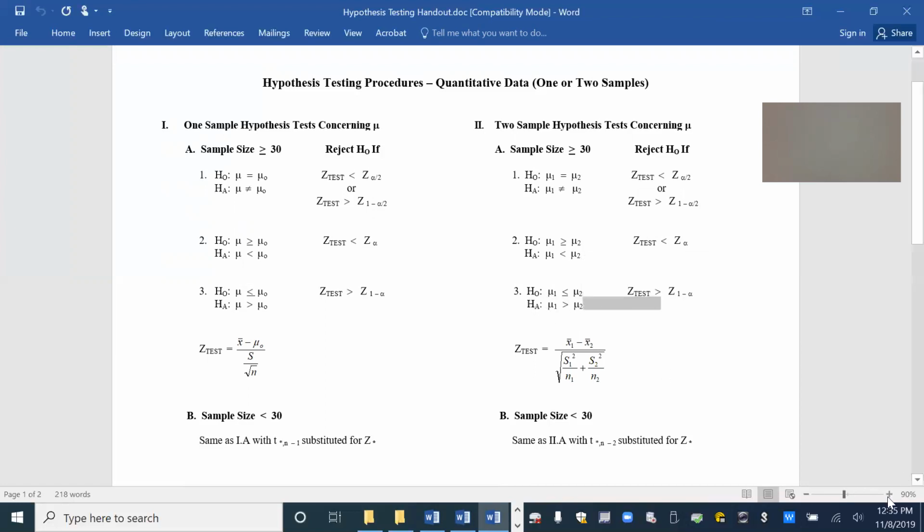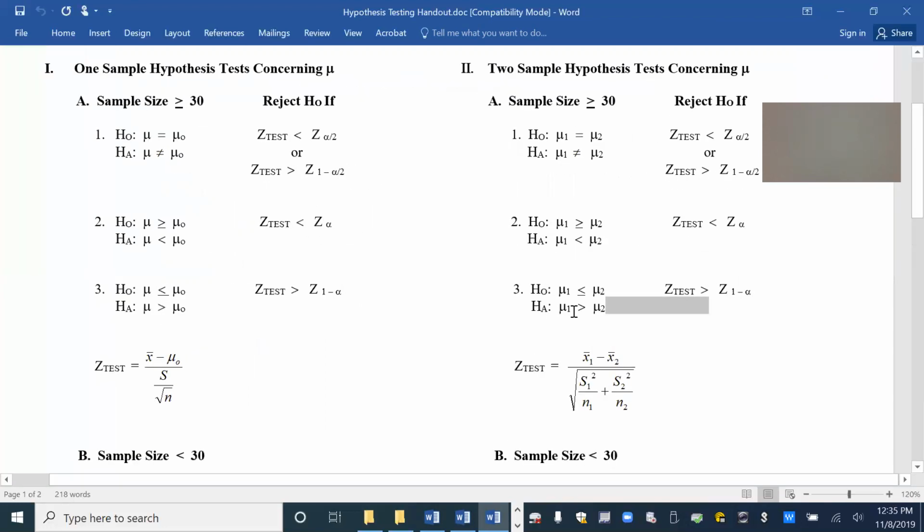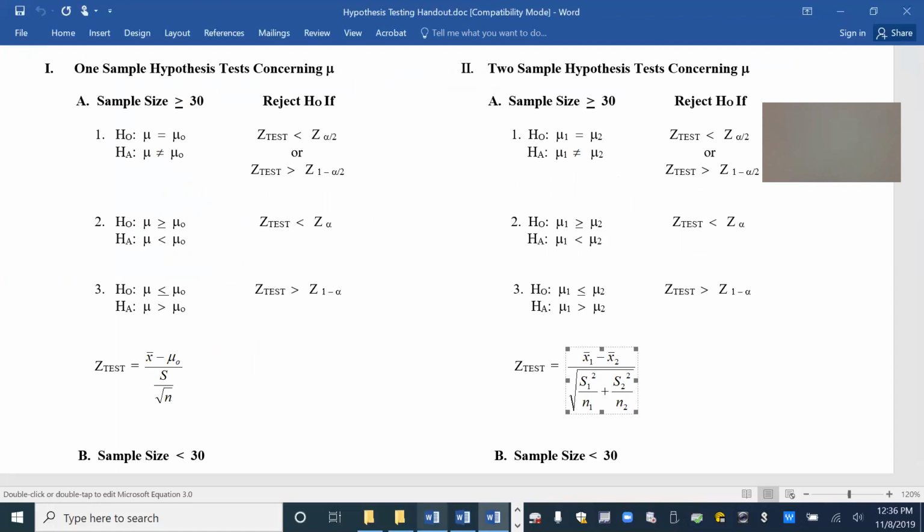We're trying to show our sign points that way, greater than. It's a 2A3. Here's my test, and here's the formula for my z-test to say how many standard deviations apart are these two results.